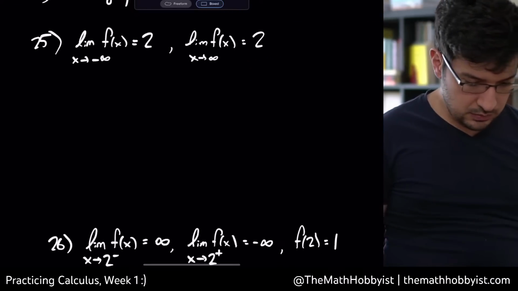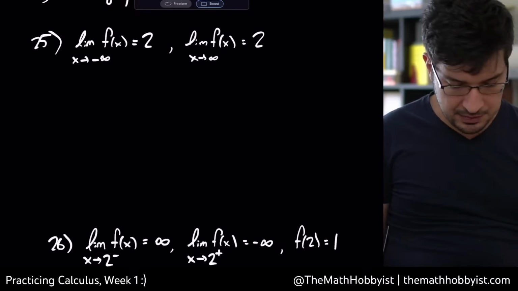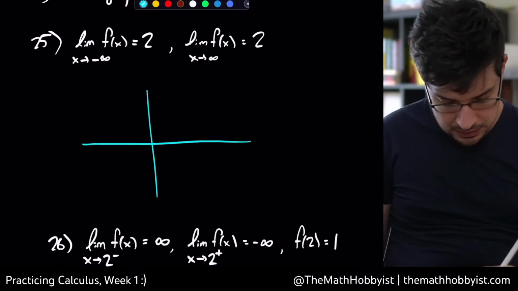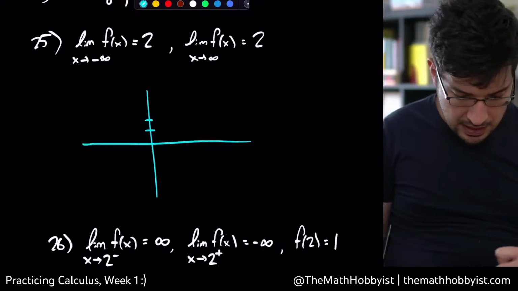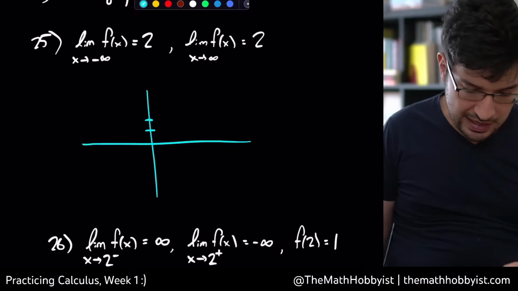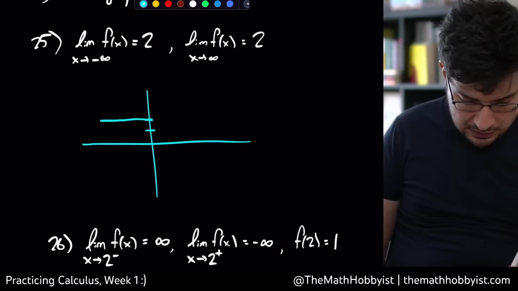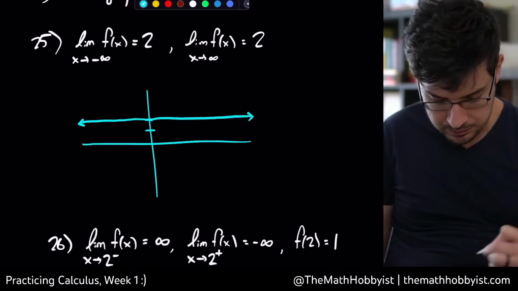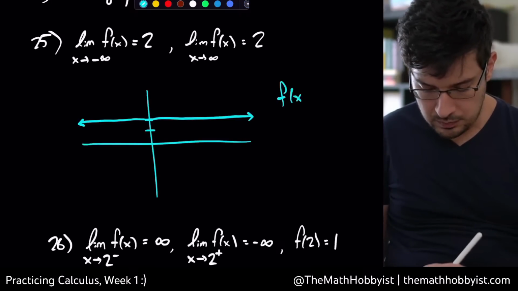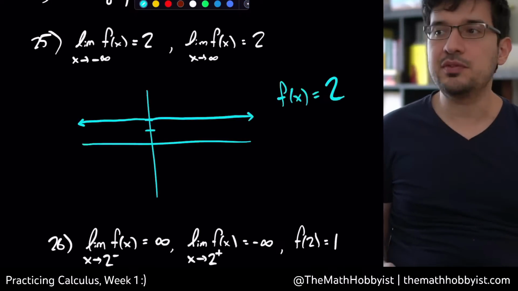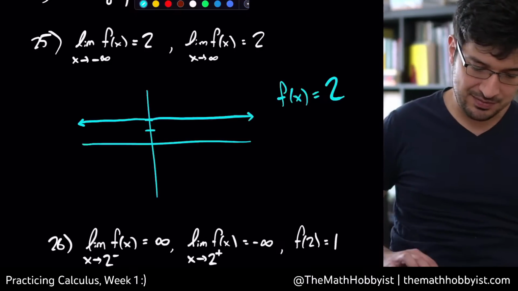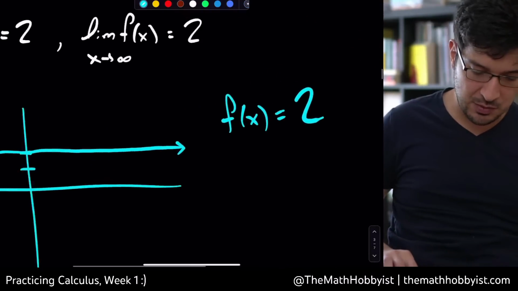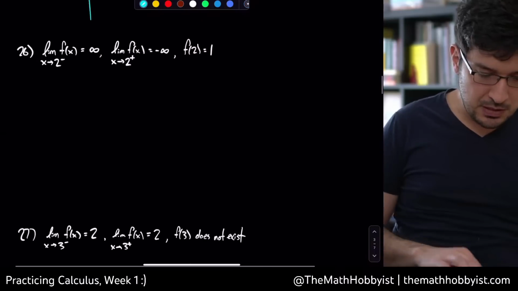All right. Well, the simplest thing I can think of here is the constant function. As x goes to negative infinity or positive infinity, f of x equals 2. Doesn't even depend on x. As x goes to infinity, this function is always 2. That's a simple example.